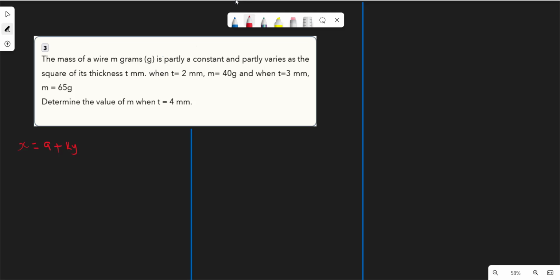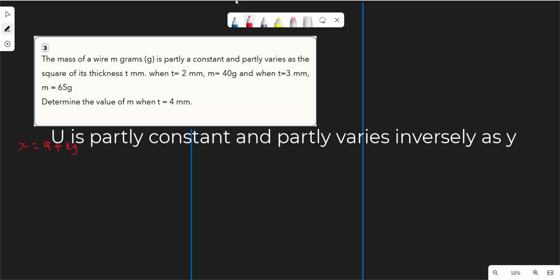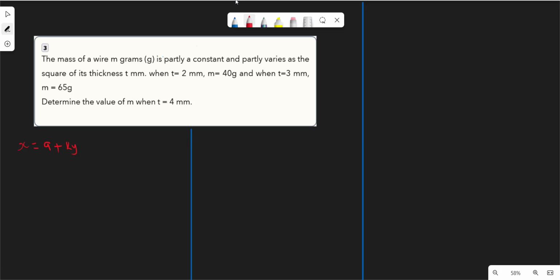In another situation, we can have two variables u and y, and you can be told u is partly constant and partly varies inversely as y. So the equation that you need to write is u equals the constant, which we write only as a constant, plus k divided by y.